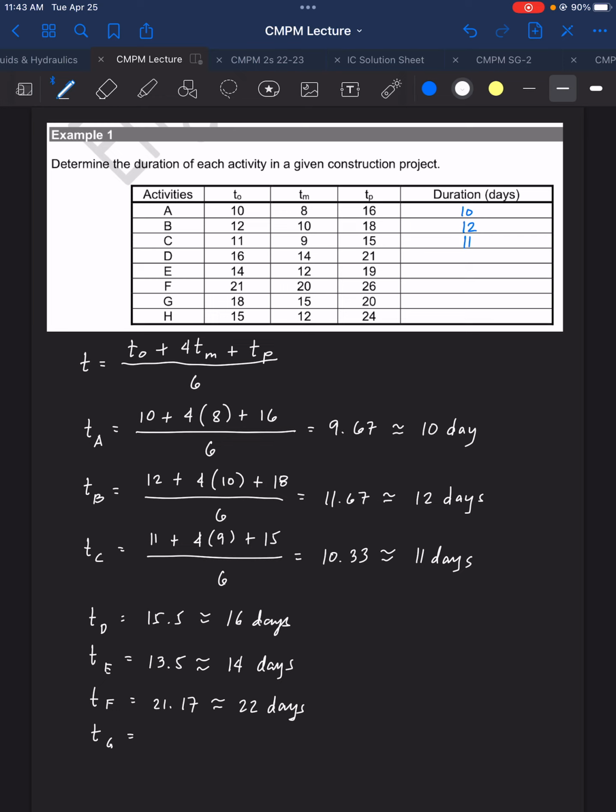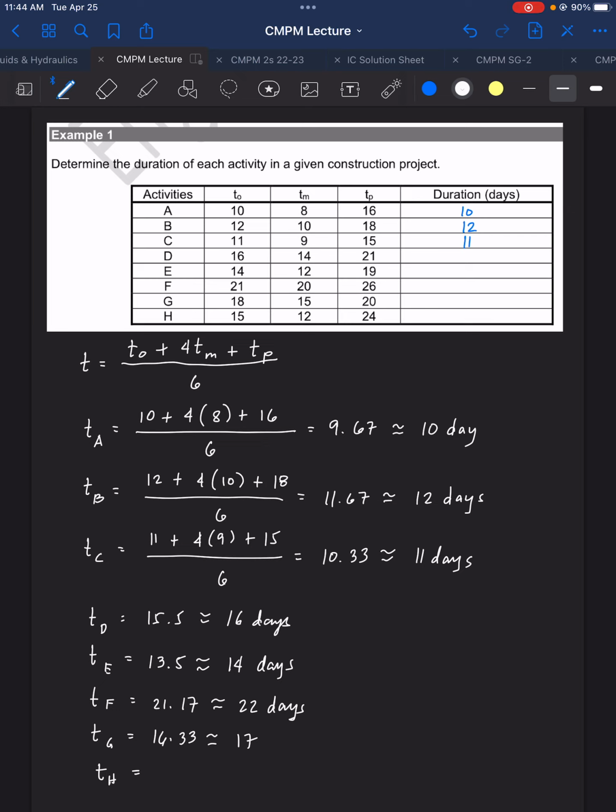Time G. So time G, we have there 18, 15, and then 20. That is 16.33, or that is 17 days. And then finally, we have time H. For time H, we have 15, 12, and then 24.